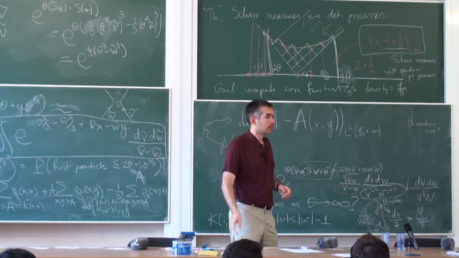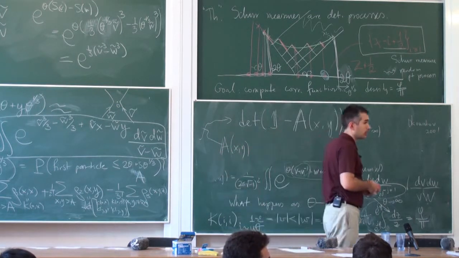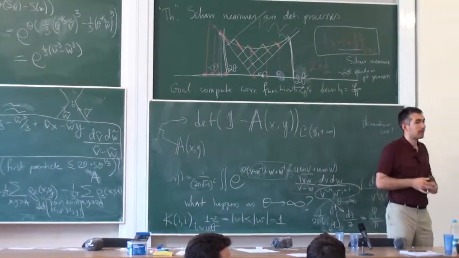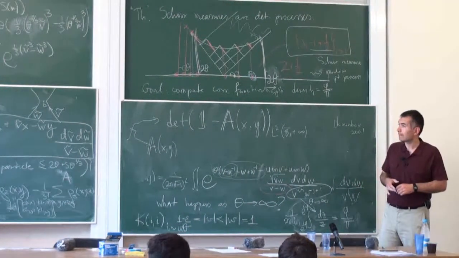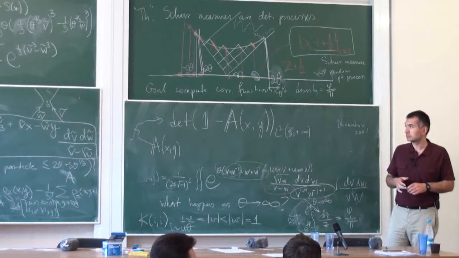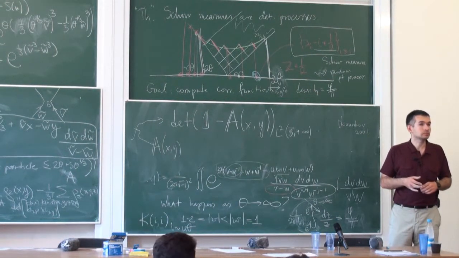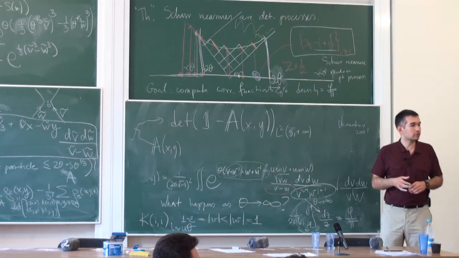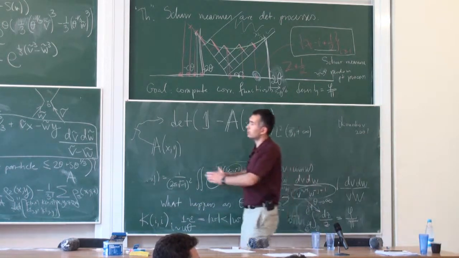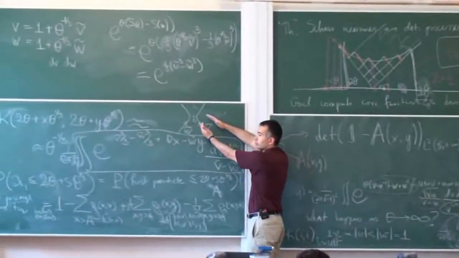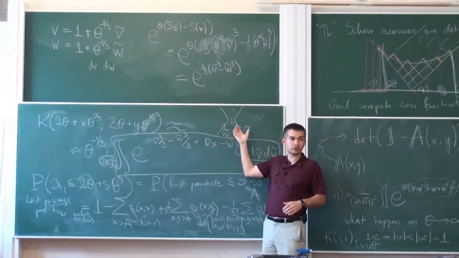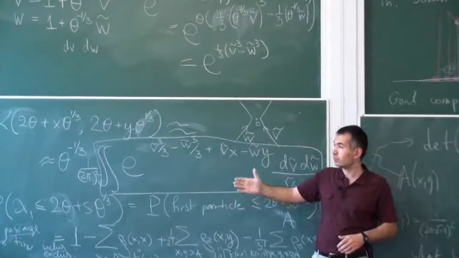Excuse me, do I understand correctly that for the formula you wrote in this regime, you don't really need the contours to be some specific contours, but the contours for v tilde and w tilde can be any contours going to infinity? That is correct. You don't need specific contours. You need these contours to stay in certain cones in such a way that this integral converges at infinity, which is easy to achieve.